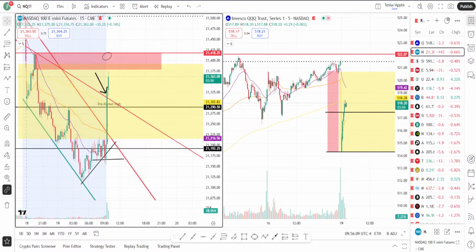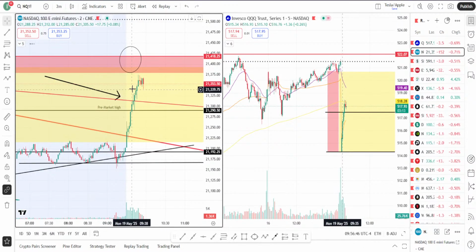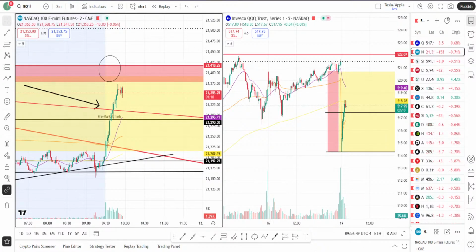What are we doing? Looks like we're gonna try another push. It's ranging here, a little bit of a range. You look on the lower time frame, you can see it right there clearly.